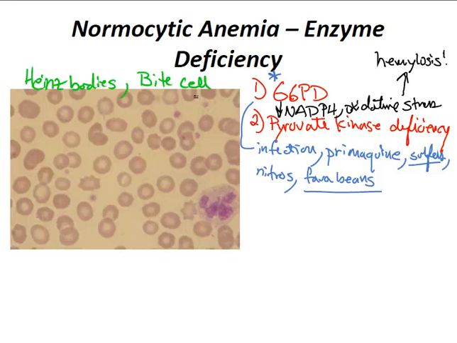So now let's talk about pyruvate kinase deficiency, which is not nearly as in-depth, but it is a chronic lack of ATP, which leads to membrane damage, which leads to extravascular hemolysis.